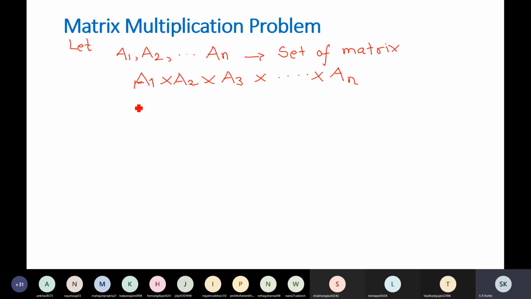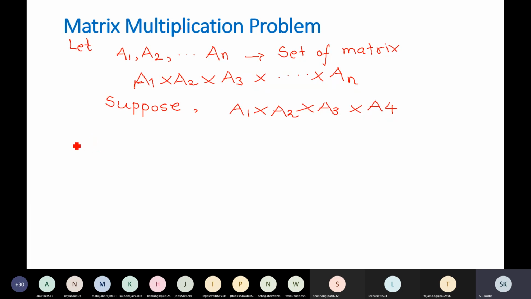Suppose we have only 4 matrices: A1, A2, A3 and A4, and you have to multiply these 4. How can this be done? It can be done in different ways.